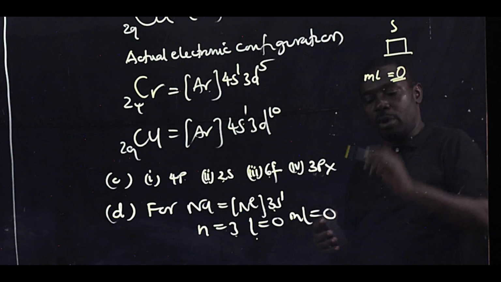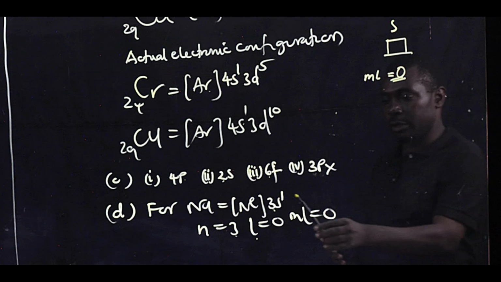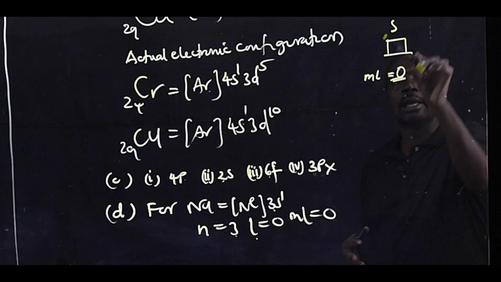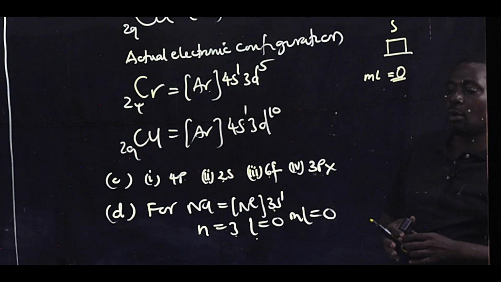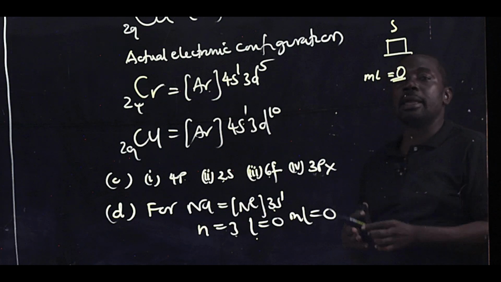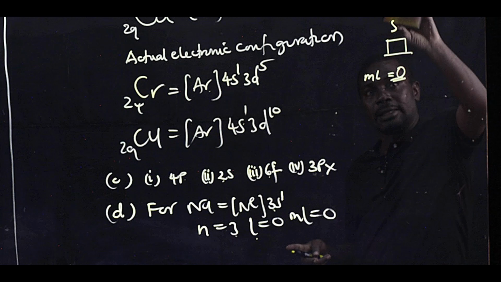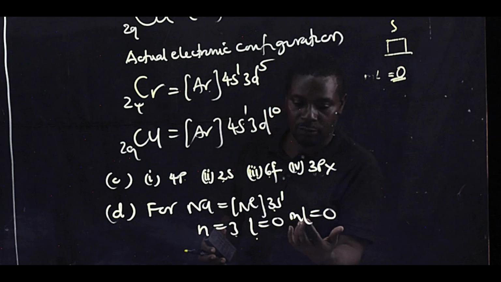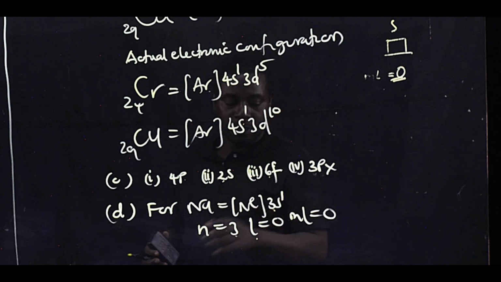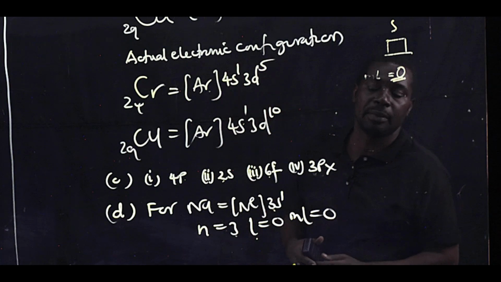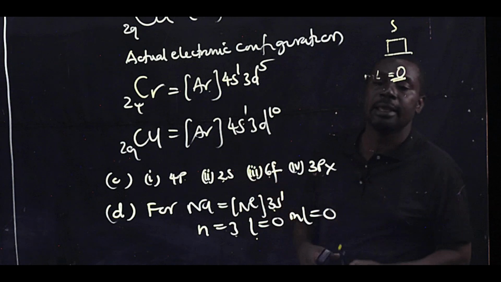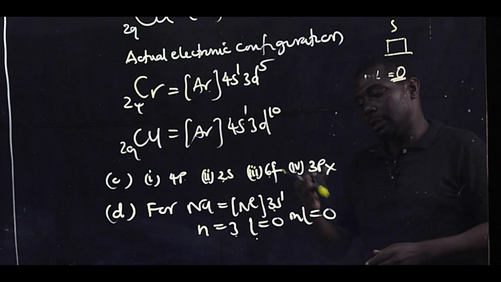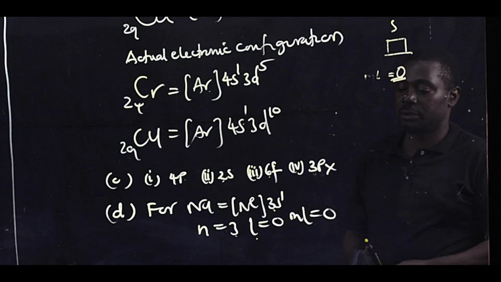So ML for this electron of sodium, which has the highest energy level, is 0, because an s orbital has only one orbital, represented by ML equal to 0. So these are the 3 quantum numbers of the electron of sodium which has the highest energy, located in the highest energy level in the sodium atom.